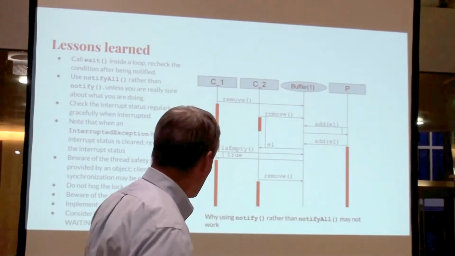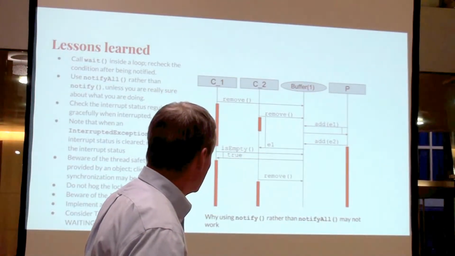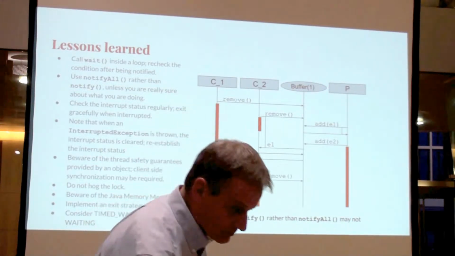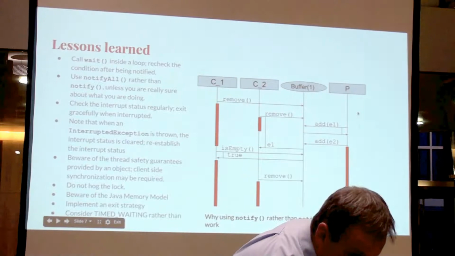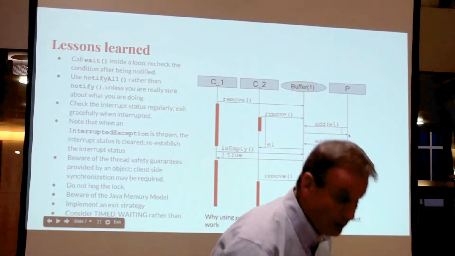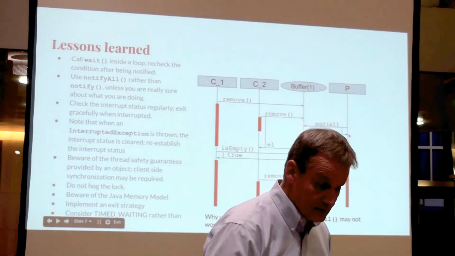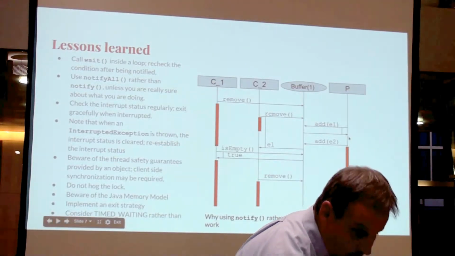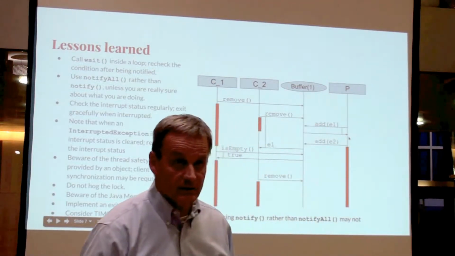So C2 becomes runnable after the add method up here returns. Now there are two runnable threads. Now assume that P acquires the lock again.